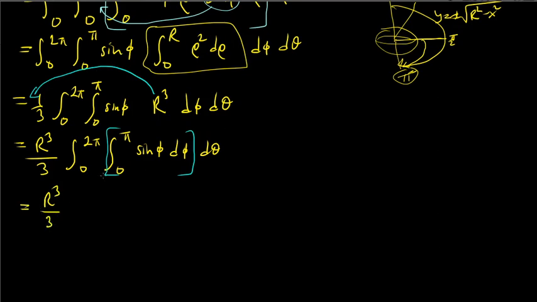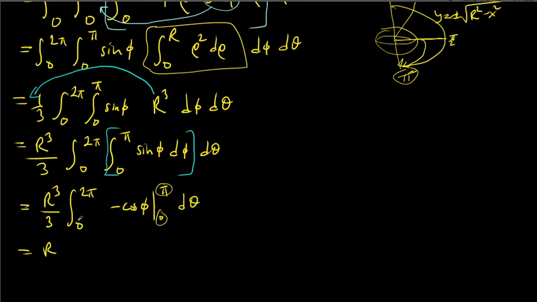I'll write it as negative cosine of phi between 0 and pi. But there's an awful lot of negatives here, and you can really mess this up if you're not careful. So remember, when you have a negative sign, you can just switch the pi and the 0. So I much prefer to do that.